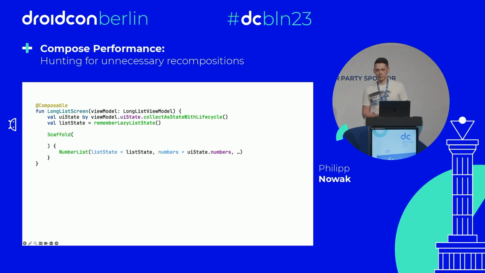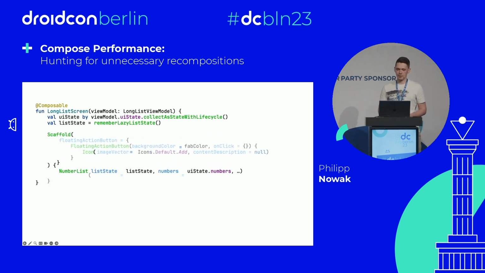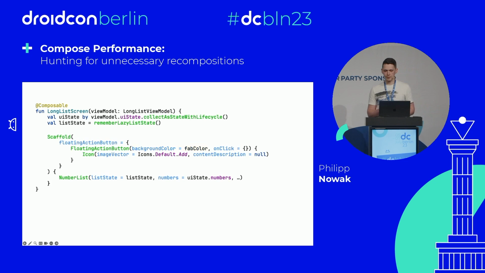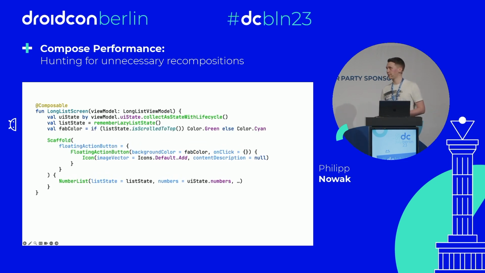The numberList composable is then wrapped by a scaffold, and the scaffold holds our floating action button. If you look right here, you can see that we set the background color of the floating action button to some variable called fabColor. So for the sake of completeness, here is the declaration of our fabColor variable. And before we go into more detail, let's have a look what we can see in the layout inspector by using this code.